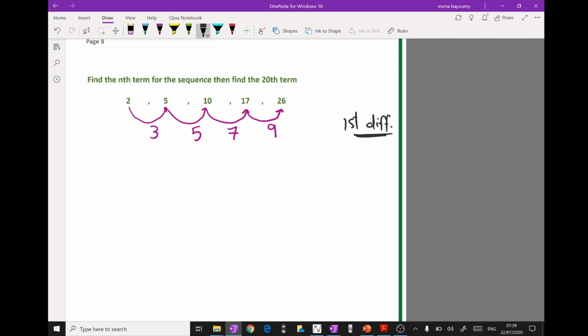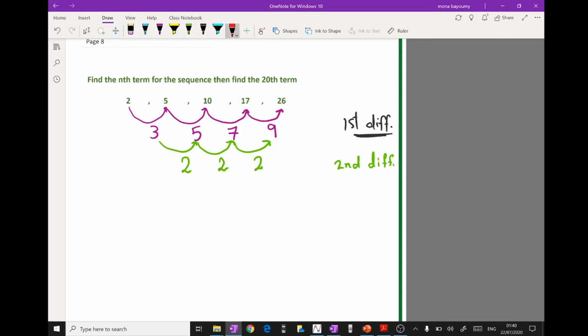So I have to find the second difference. 5 minus 3 is going to be 2. 7 minus 5 will be 2. 9 minus 7 will be 2. This is the second difference. Okay? The second difference is common. This means the sequence will be a quadratic sequence.